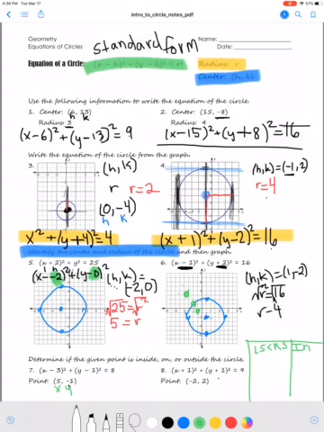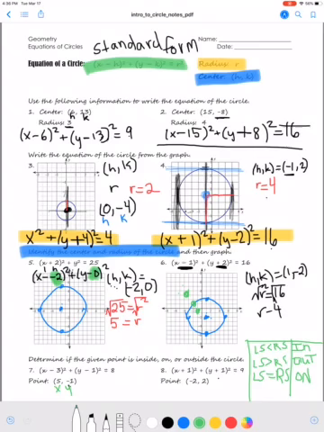If the other way is true, left side greater than right side, then we say that it is outside the circle. And if the left side equals the right side, the point is going to be on the circle. So that's our cases. All we need to do is punch in the x and the y, and go from there.